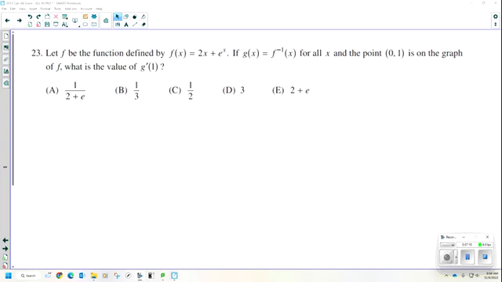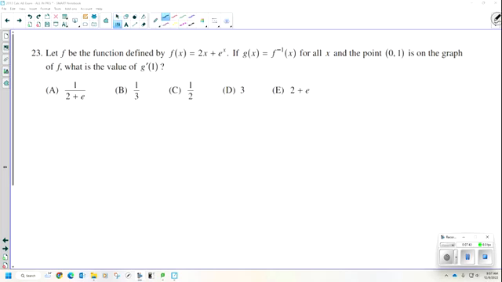23. Let f be the function defined by f of x equals 2x plus e to the x. If g of x is the inverse of f of x for all x, and the point (0, 1) is on the graph of f, what is the value of g prime of 1?